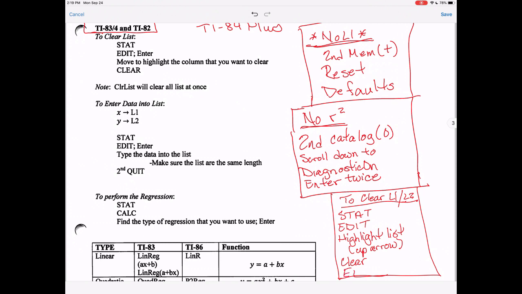And enter. Okay? All right? There we are.